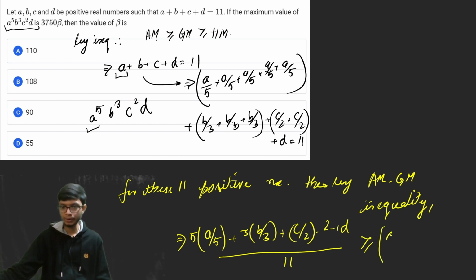The GM will be A to the power 5 divided by 5 to the power 5, into B cube divided by 3 cube, and C square divided by 2 square, into D, whole raised to the power 1 by 11.